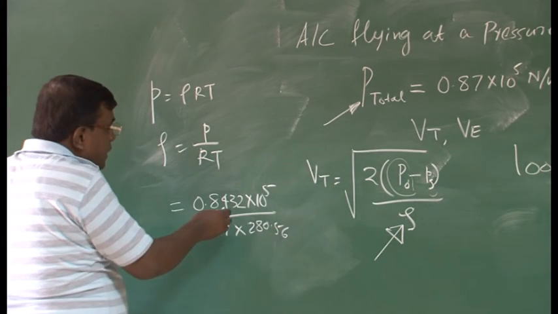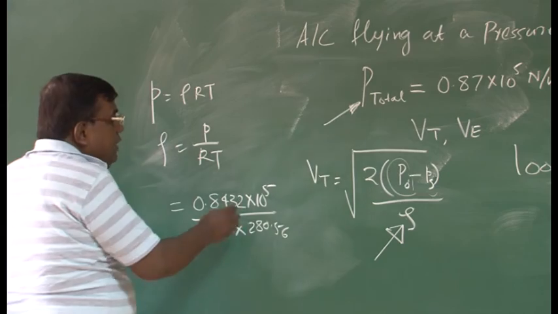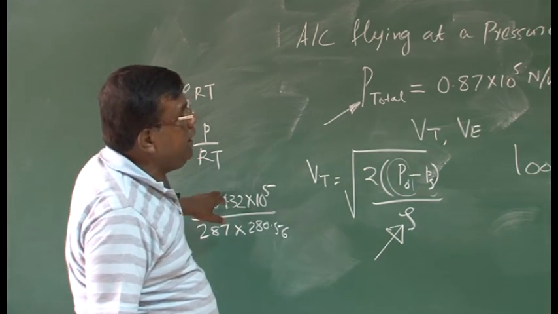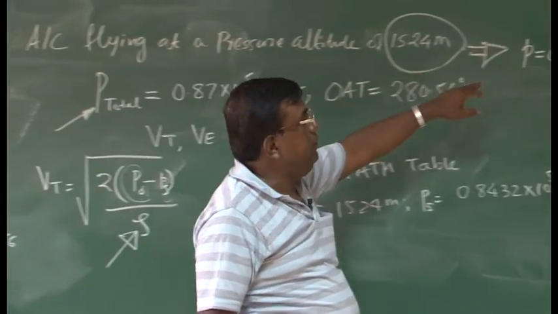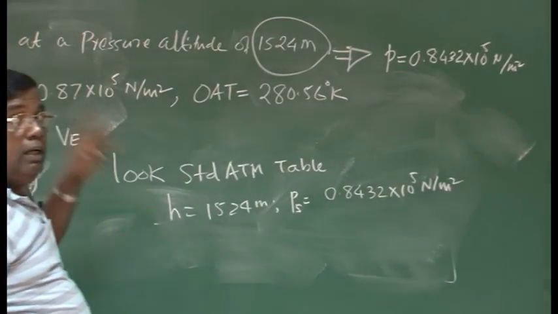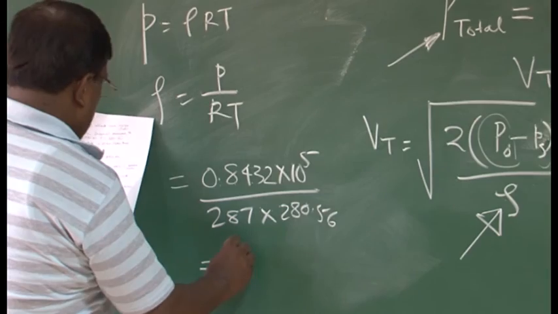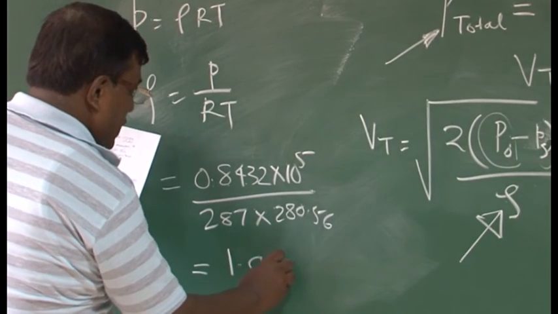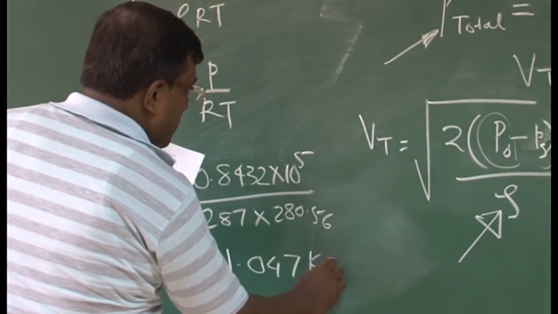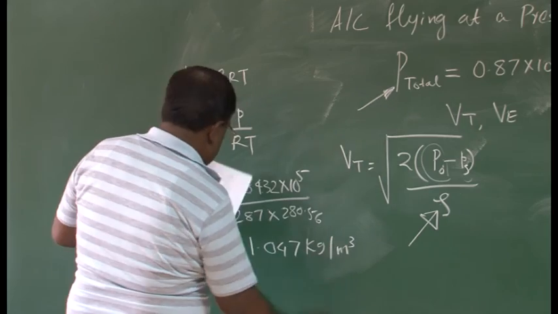Please understand here, I have taken 0.8432 because this value I have got from where? From the pressure altitude. That I will be using, not the total pressure. So this will give me rho as 1.047 kg per meter cube.